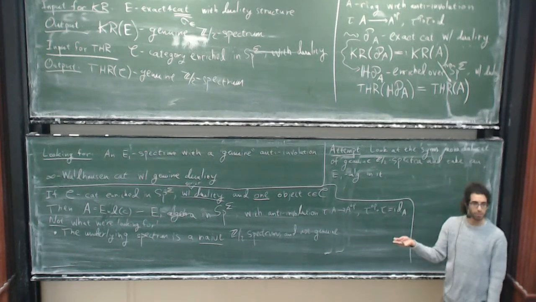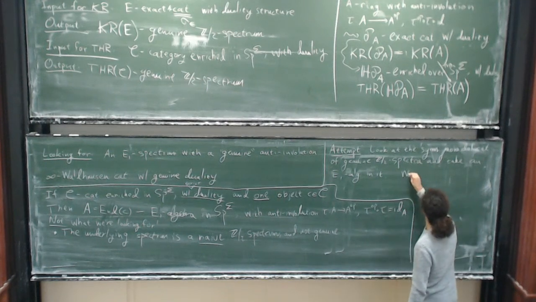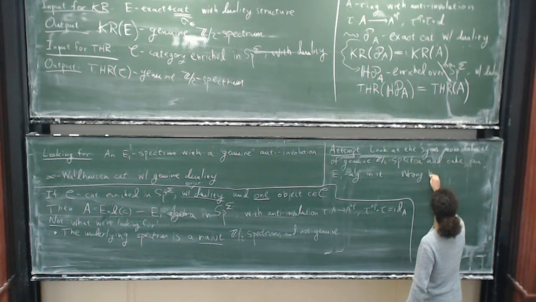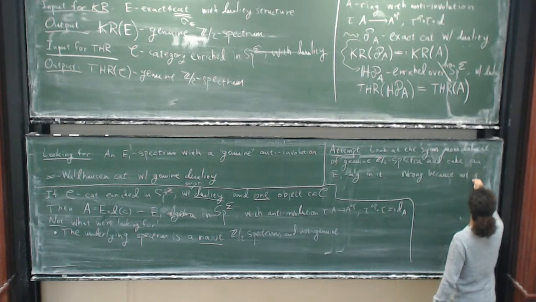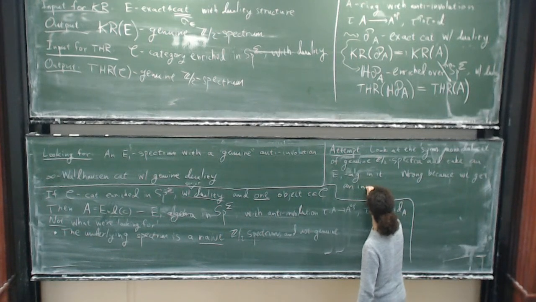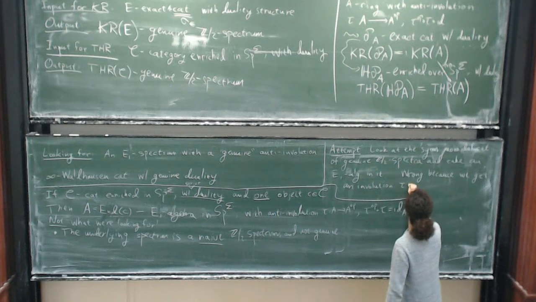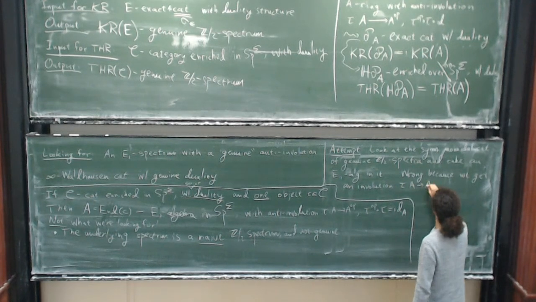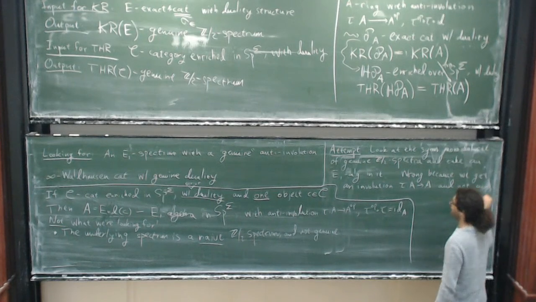It's just going to be a map from A to A. So this is wrong, because we get an involution, let's call it tau, from A to A and not an anti-involution.